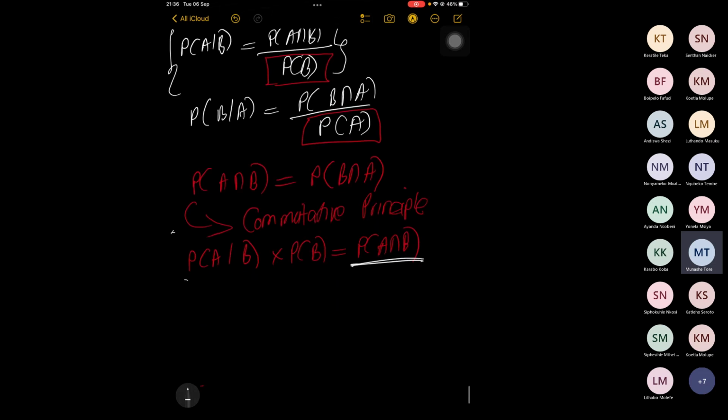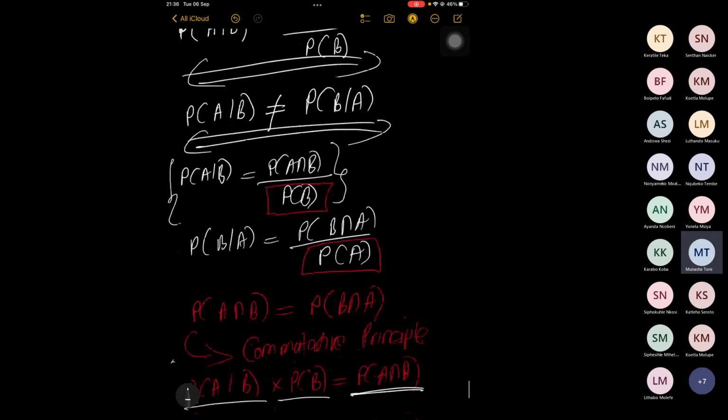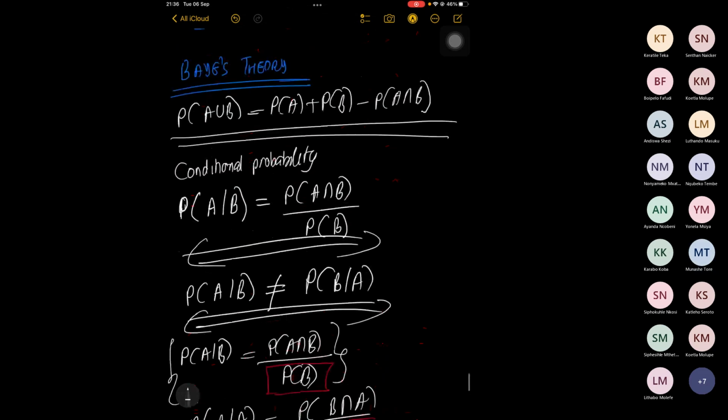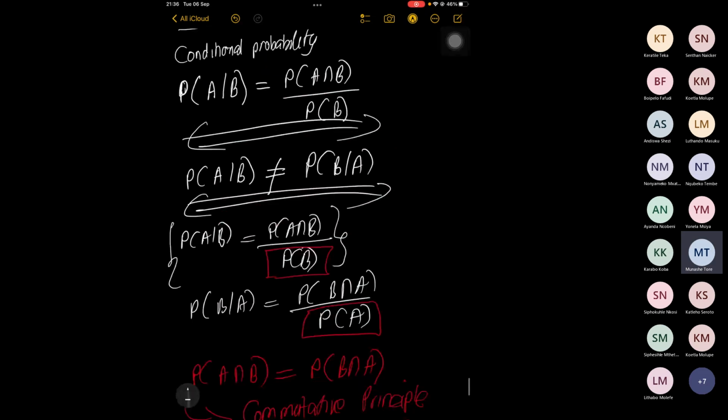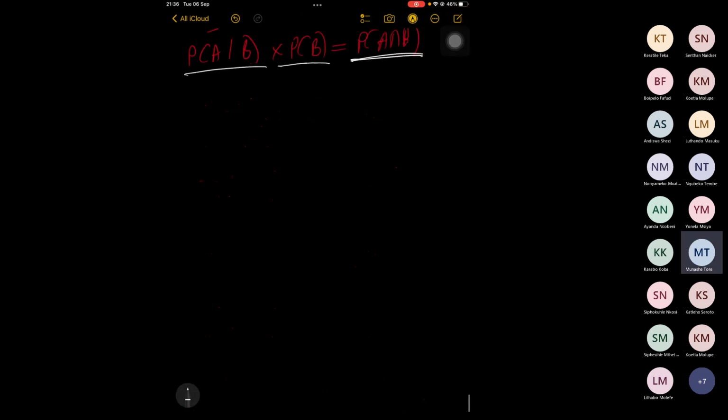So it's just probability of A given B times probability of B. That's it. Keep this in mind. Does anyone have any question pertaining to what I just said? Because I feel like the best way you can explain base theory is if you actually do a question. Okay, so I assume everyone is okay with it.